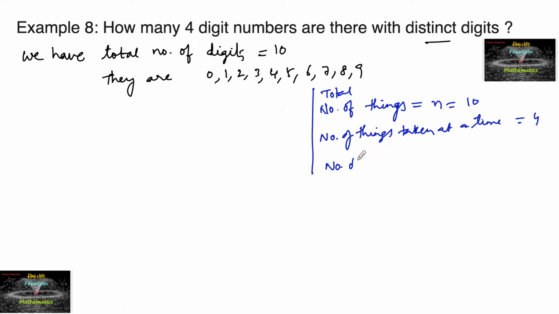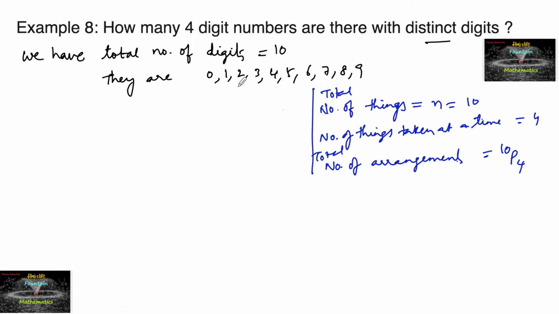So the number of such arrangements, or number of permutations we can say, is 10P4. So this is how generally we think, and we give the answer as per the definition of permutations.